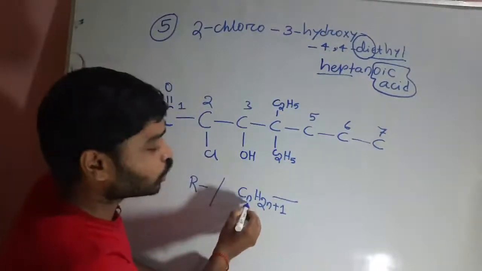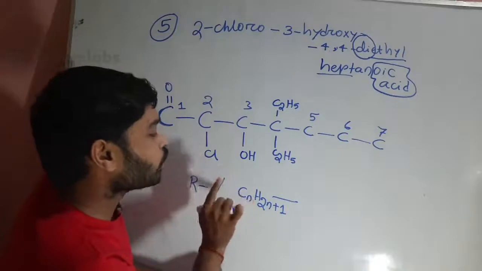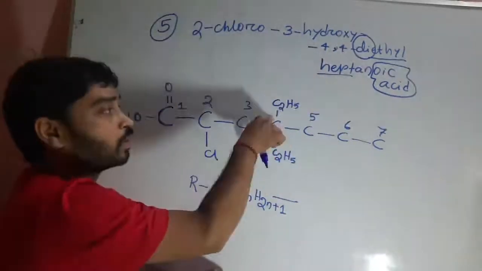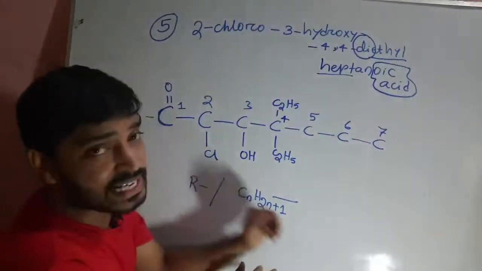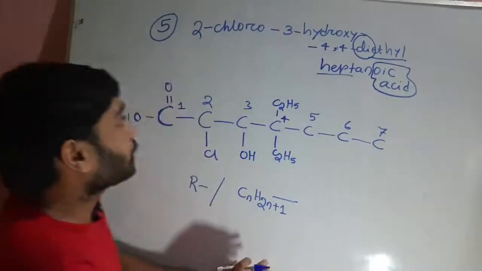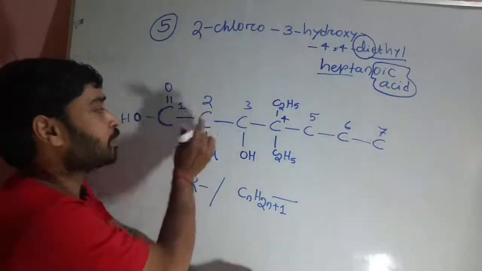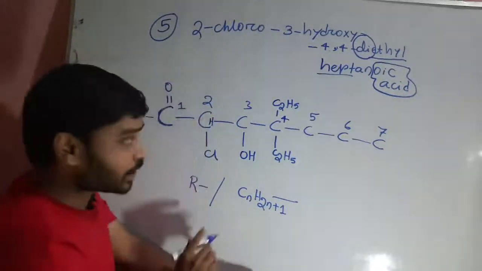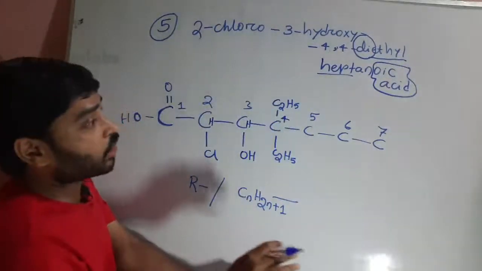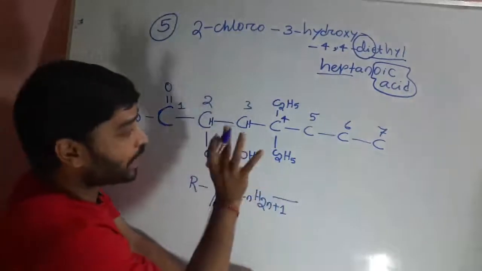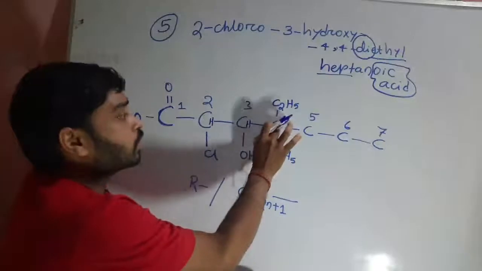So if I place 2 here, we get the ethyl group. Now this carbon is bonded to 4 different carbons, so it will have no hydrogen because its valency is satisfied.